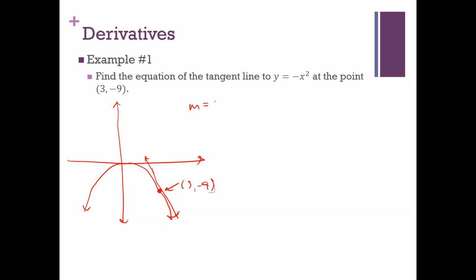One of the ways you can think about the derivative is the slope of a tangent line. So let's use this limit. I'm going to use the second flavor that I gave you. The limit as h approaches 0 of f of 3 plus h minus f of 3, all over h.